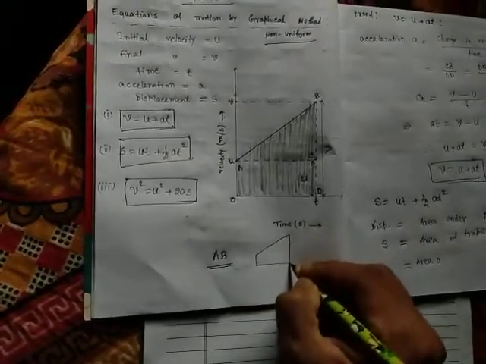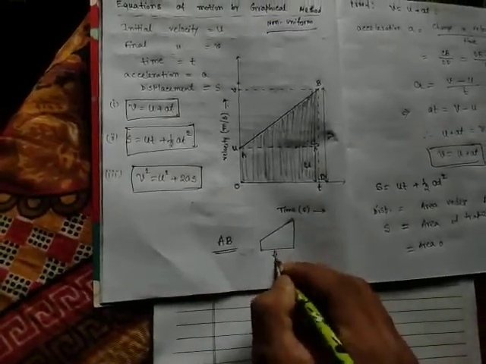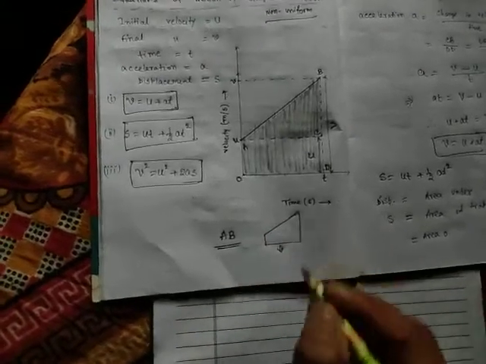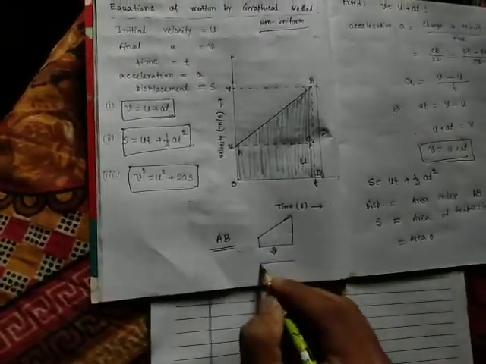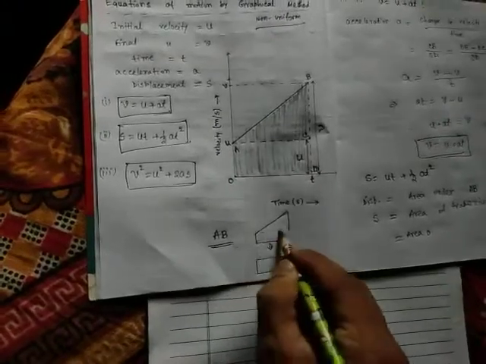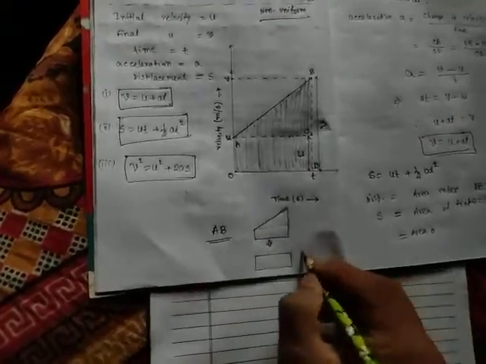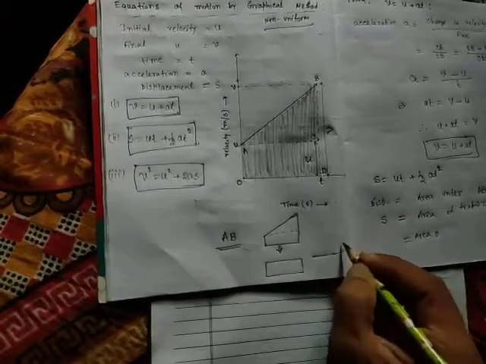I can divide it into these two parts: one part is the rectangle, that means this portion, and the other is the right-angled triangle, that means this part. Clear or not? One is the right-angled triangle and another is the rectangle.